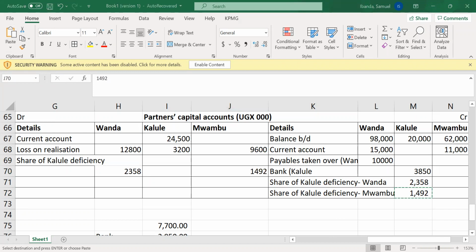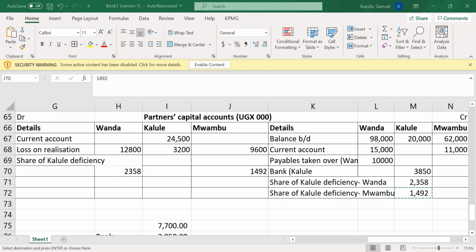Okay. Now, once you have shared the deficiency at hand, and you have also made sure that you have recorded everything in the bank account, you now have to balance off your capital account. And then you also have to clear.